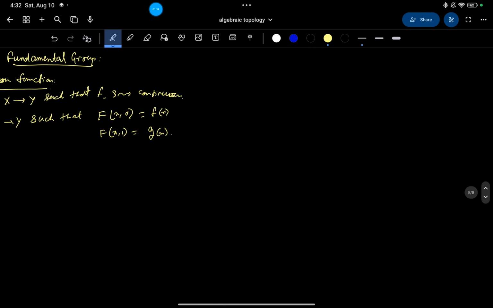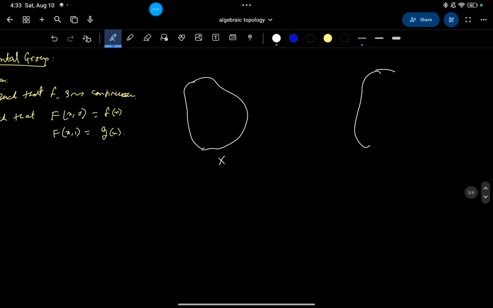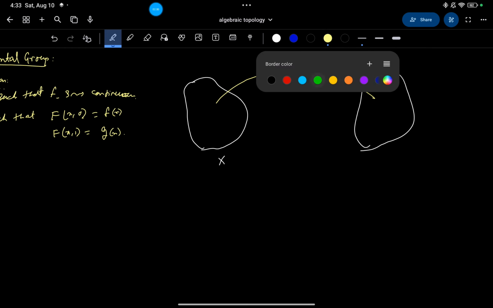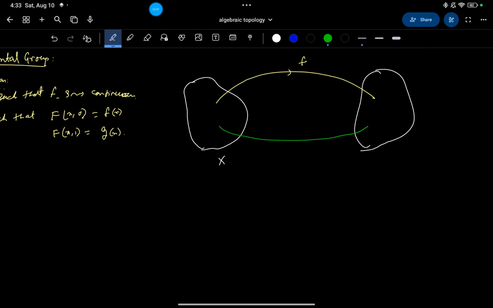Suppose here I have X and here I have Y. If we have a map, let's say here it is f, and another map, let's say here it is g, then basically there are some in-between maps that can extend this small f to small g.